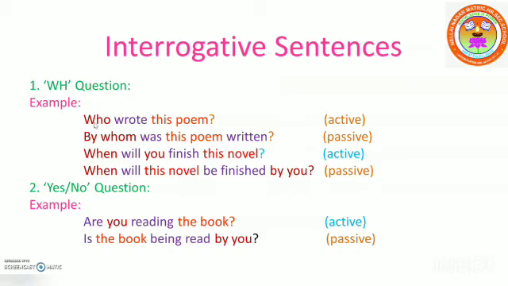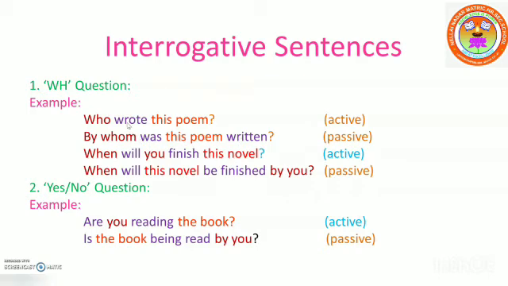For example, active voice: Who wrote this poem? Here, who is the subject, wrote is the verb, and this poem is the object. So this can be changed into passive voice like: By whom was this poem written?